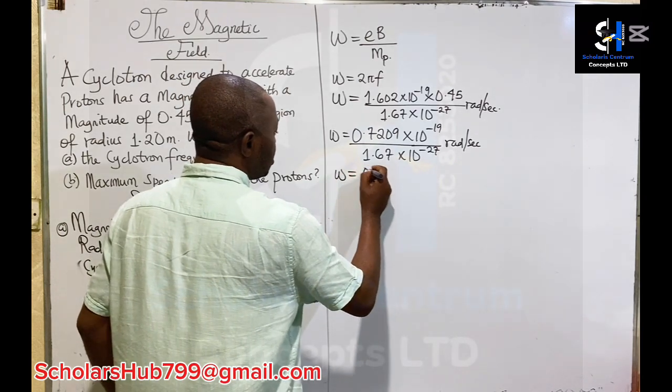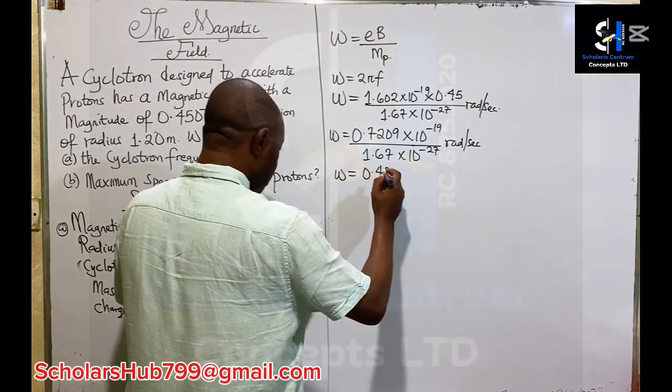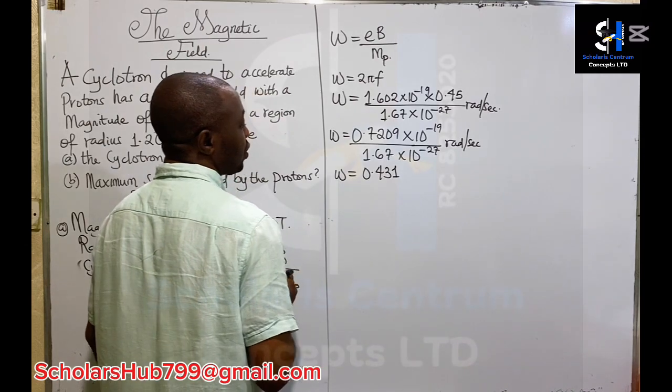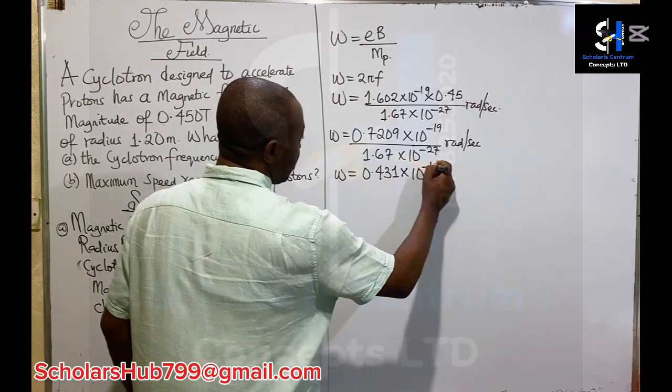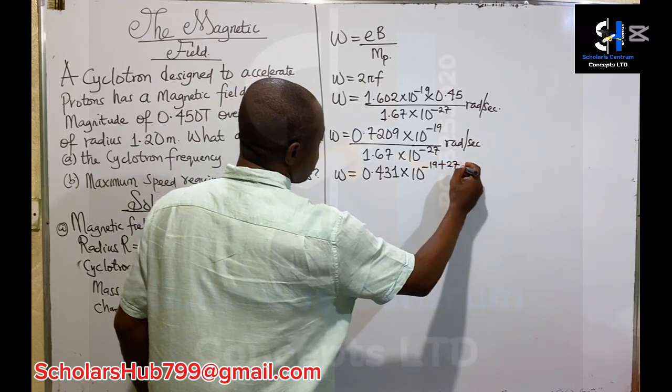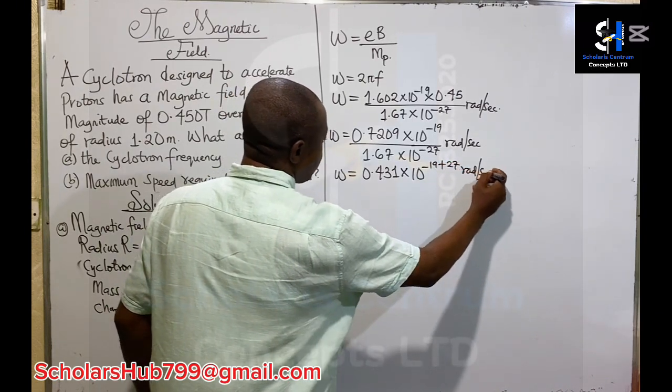W equals 0.431 times 10 raised to the power of minus 19 plus 27, in radians per second.